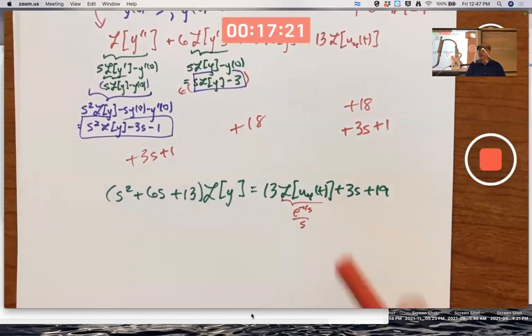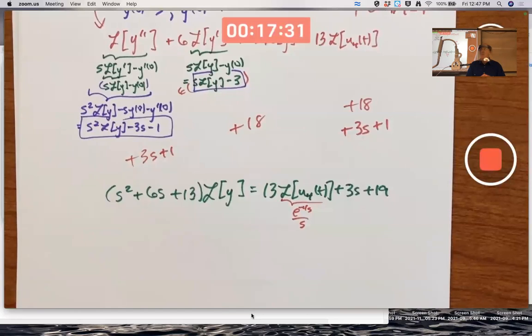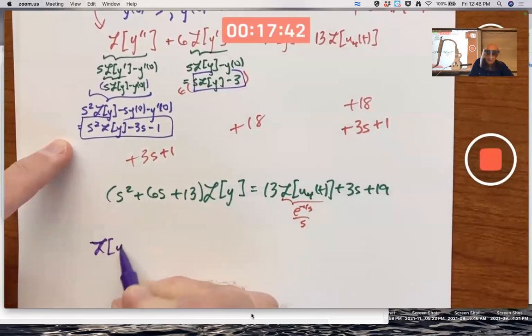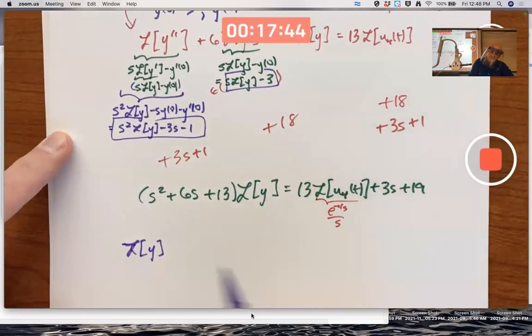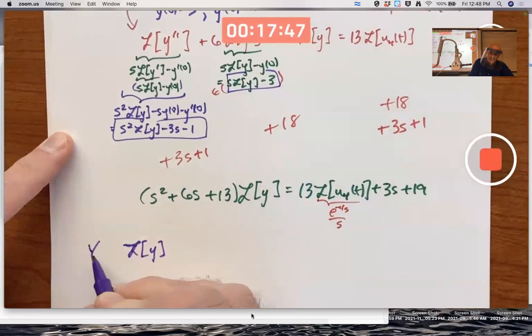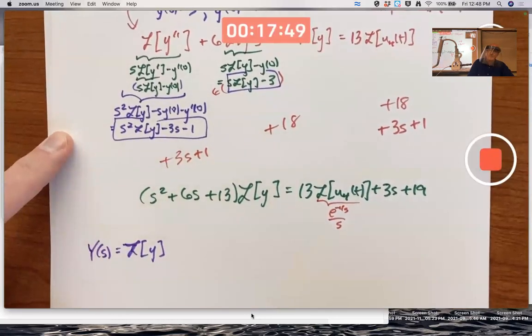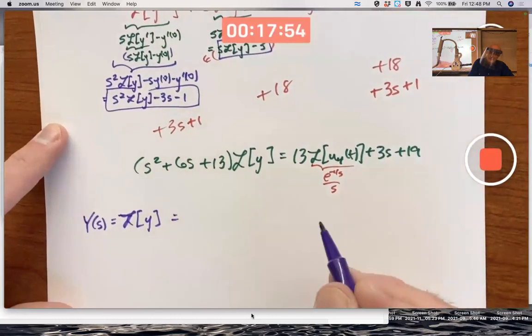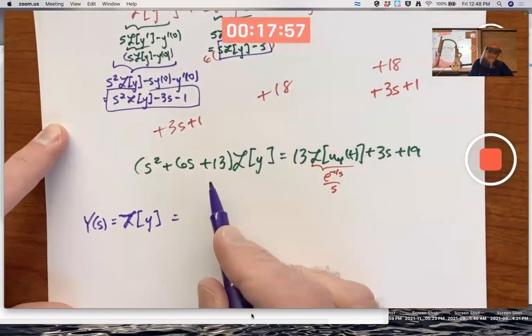And the fact that there's an e to the negative 4s in here is another part of what makes the problem harder. Because when we solve for L of y, it's not going to be so clear what the inverse Laplace transform is going to be for part of this. But I could say L of y, which some people call capital Y of s, I typically stick with the L, is, don't forget to divide by s squared plus 6s plus 13.